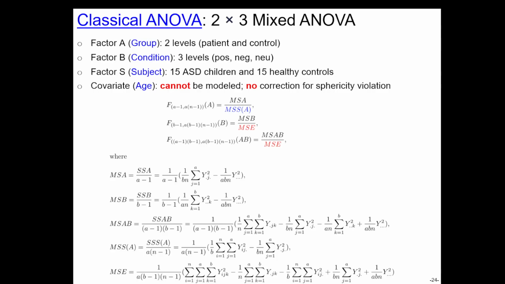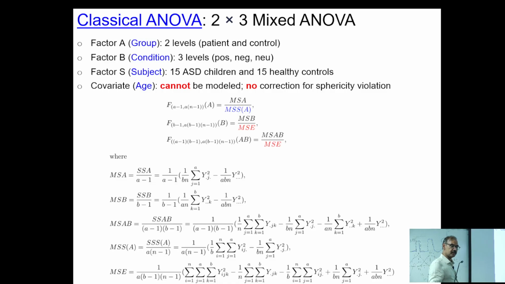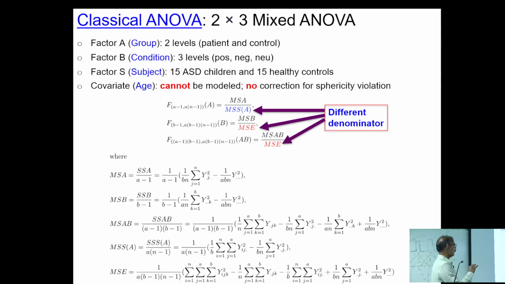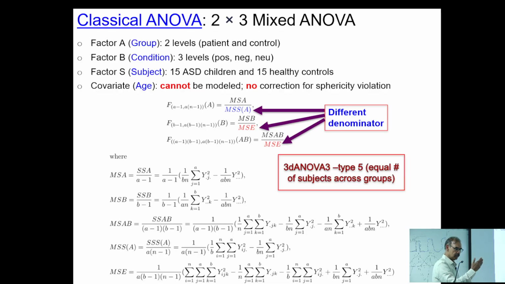Factor, right. So in this case, like the patient and the control, it could be across a large age range. It could be, let's say, autism or healthy subjects between, let's say, 8 to 25 years of age, right?